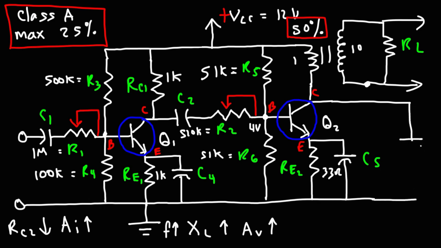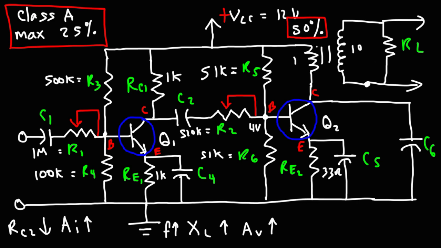So if I put a capacitor here, what's going to happen is it will filter out high frequency signals, but it will allow low frequency signals to pass through. So just to be clear, adding C6 will reduce the voltage gain of both low frequency and high frequency signals, but it will have a greater impact on high frequency signals.